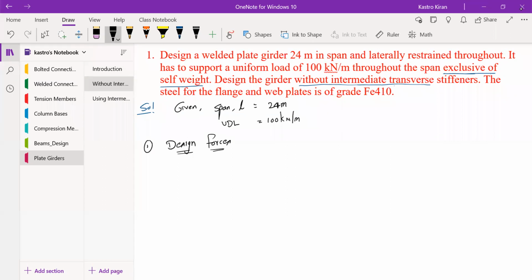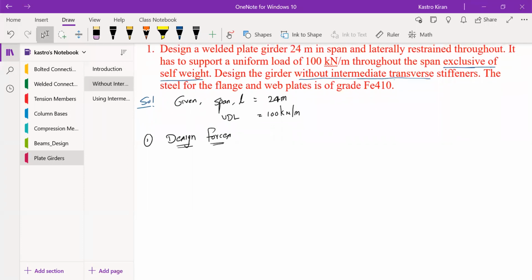Before finding out the design forces, let's draw the diagram of the plate girder which they have given. It's a simply supported beam, or a simply supported girder, having a span of 24 meters, and it has a uniformly distributed load of 100 kilonewtons per meter. Remember, it is not including self weight, it is exclusive of self weight.